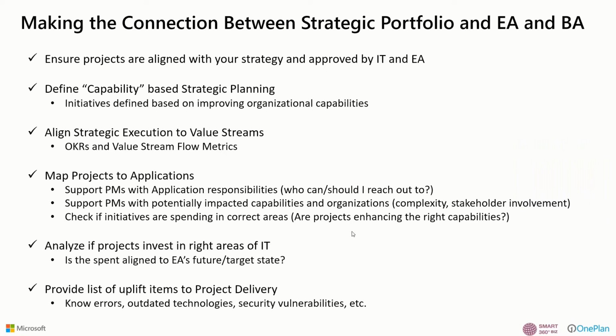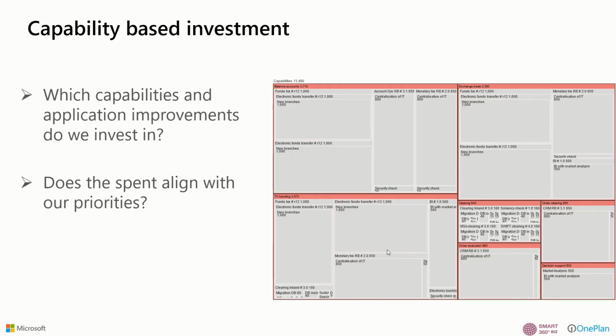Okay, so just some examples, and I'm about to get into the solutioning part of OnePlan and Smart 360. Capability-based investments is probably, as a lot of you answered, we do have capabilities defined.